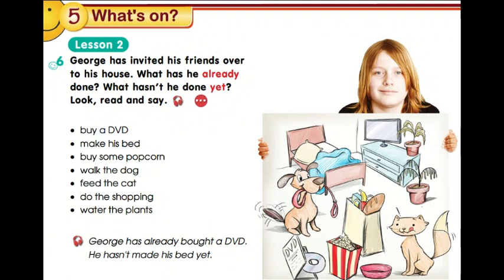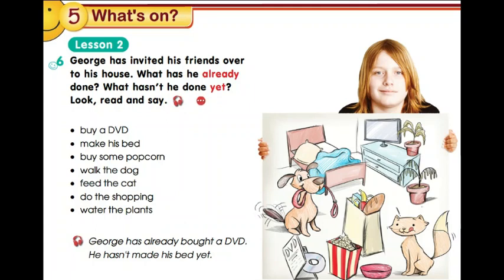And now continuing the practice, let's go to exercise number 6. Number 6 says George has invited his friends over to his house. So here in the picture we have what he has done and what he hasn't done.